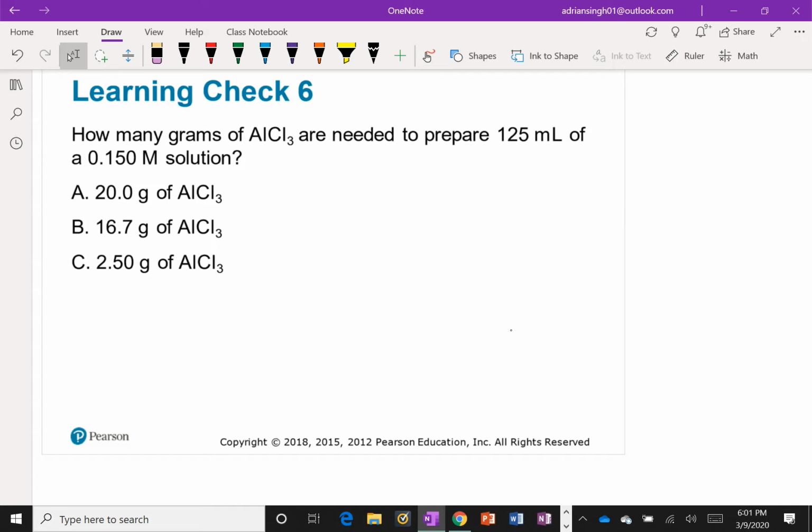So it says how many grams of AlCl3. What's the name of AlCl3? So first name is aluminum, or aluminium.